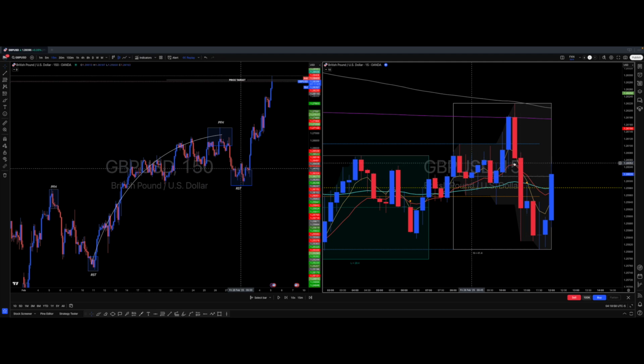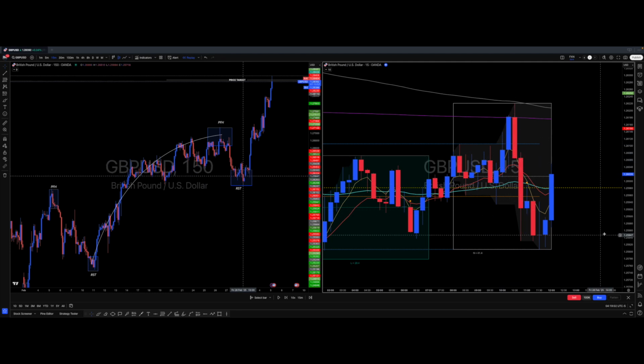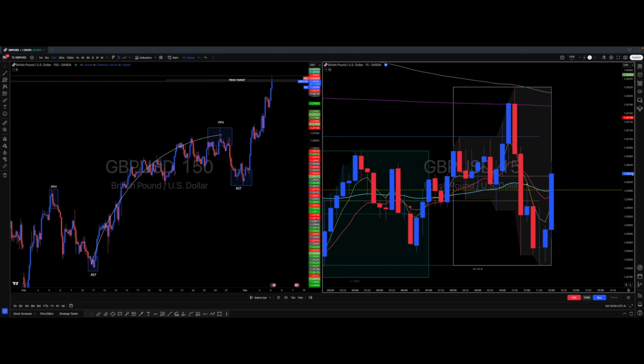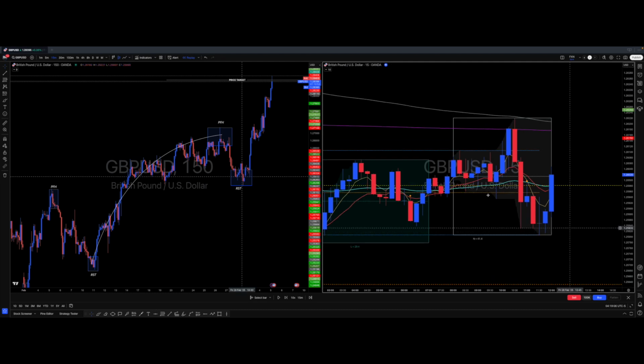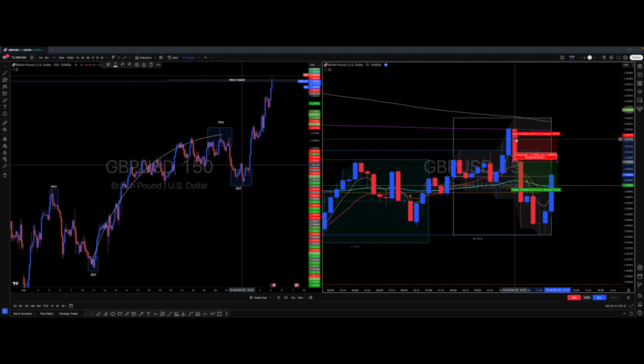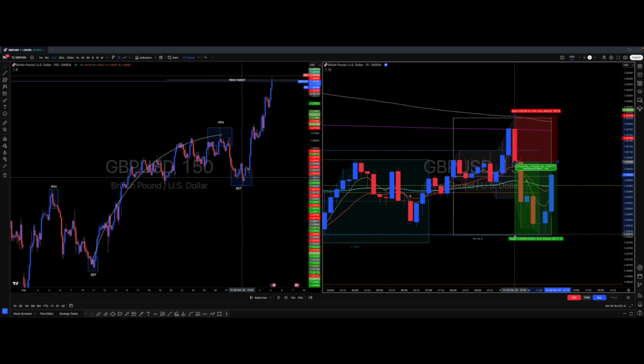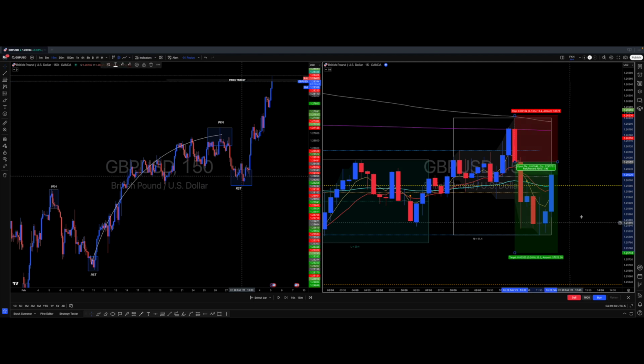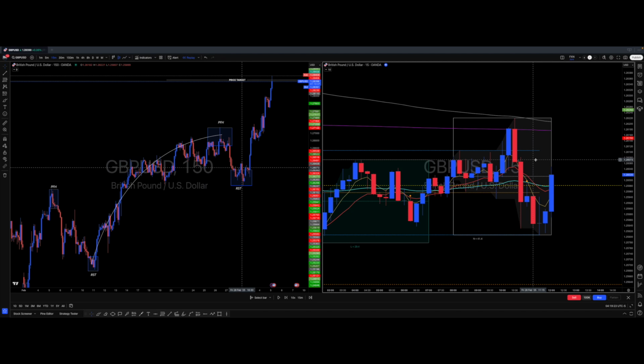I just don't like how this looks, for me personally. If you were to take this as a type 2 pattern, you're looking at the railroad track there, and then 2 to 1, the trade looks more like this. But again, not a trade that I would take.